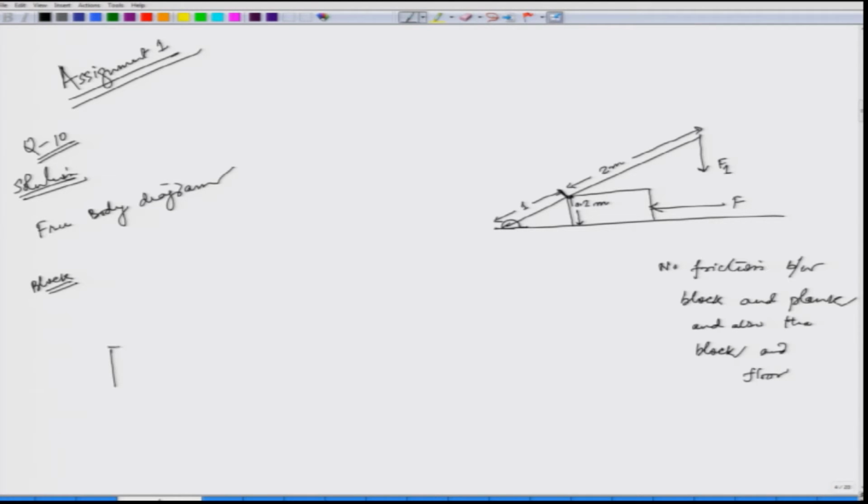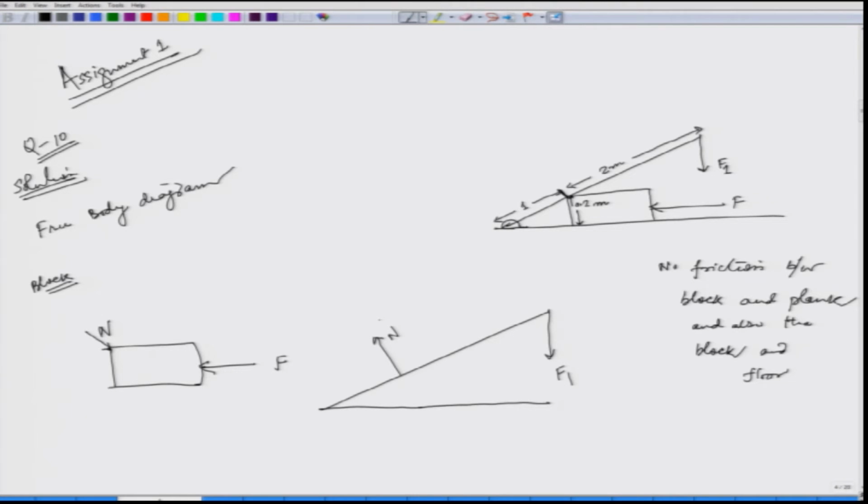So this is the block, with a force F acting on it and pushing it, and due to that, from the inclined plank, there will be a normal acting here, that is N. And for the rod, F1 is acting like this, and there is this normal here. So this is the system, and this is the free body diagram of both the rod and the block.